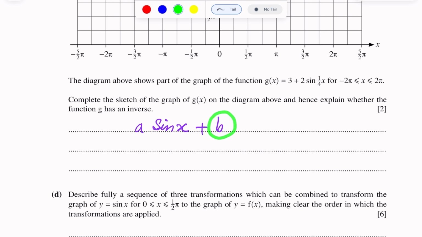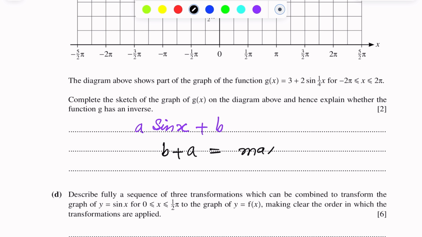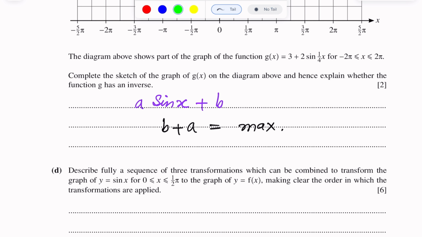So b is the baseline. The maximum point of the graph will be b plus a, this constant value plus this coefficient of sine x. If we add these two values, we get the maximum point on the curve. In the same way, if we subtract b minus a, we will get the minimum point.